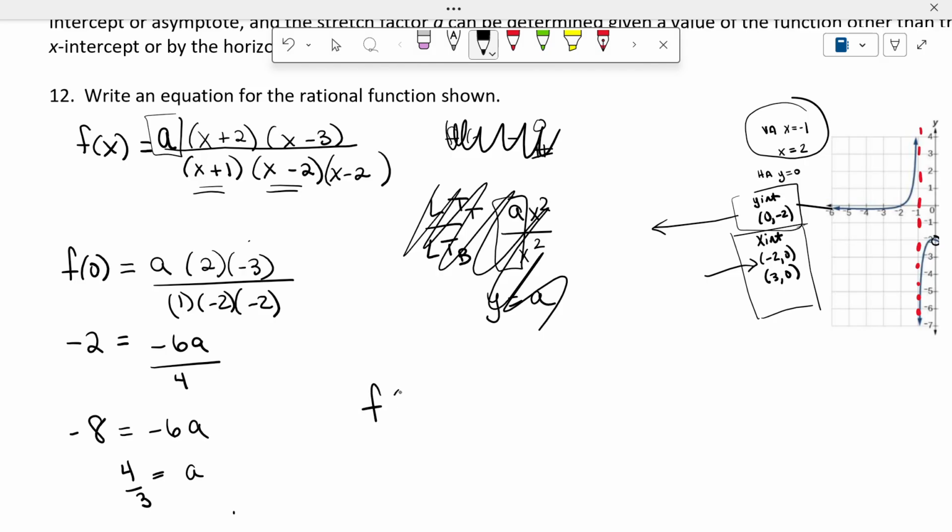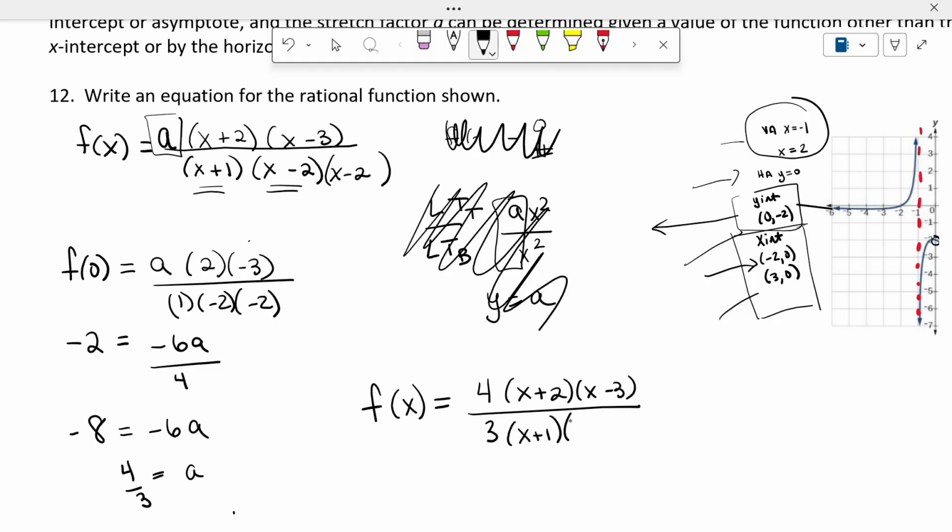This means that my function, in order to get those data points, these four vertical asymptotes, this for a horizontal asymptote, my function needs to be 4/3 times x plus 2, x minus 3 over, I'll put the 3 in the front on the bottom, x plus 1 and an x minus 2 with a multiplicity.